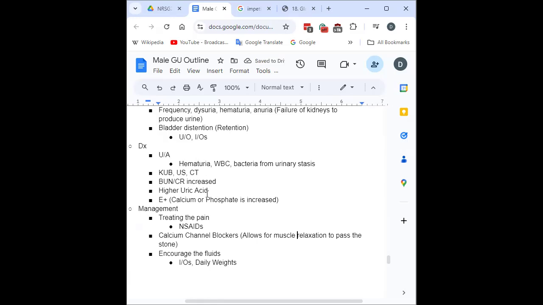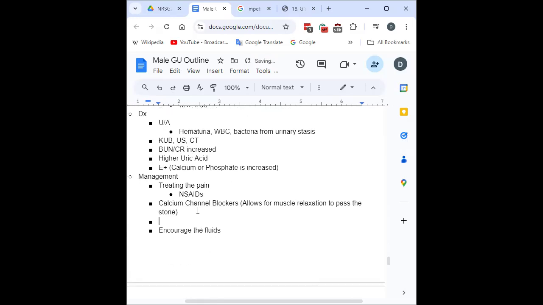You said that there's a higher uric acid, so there's a medication called allopurinol, which was brought up during your oncology emergencies. So to treat high uric acid.